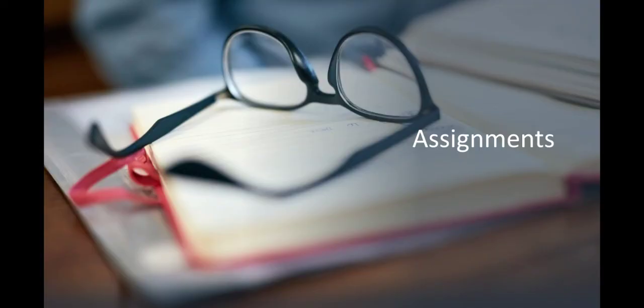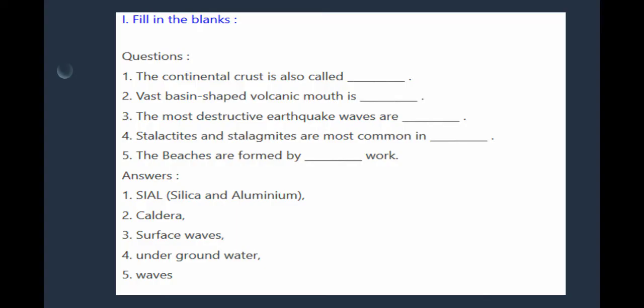Next we go to the assignment. You can see the questions. The continental crust is also called Sial. The vast basin-shaped volcanic mouth is a caldera. The most destructive earthquake waves are surface waves.